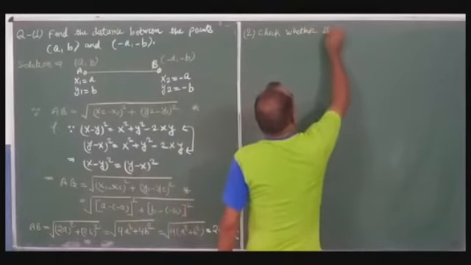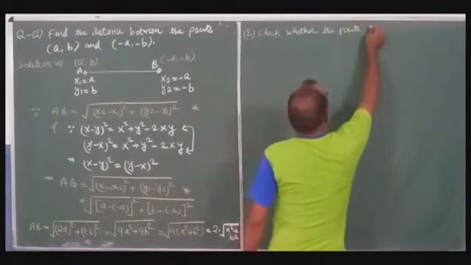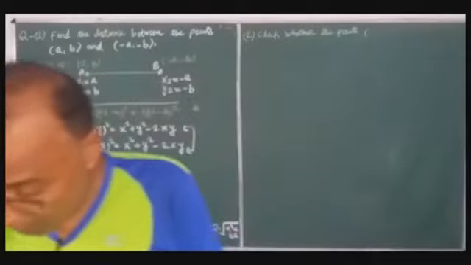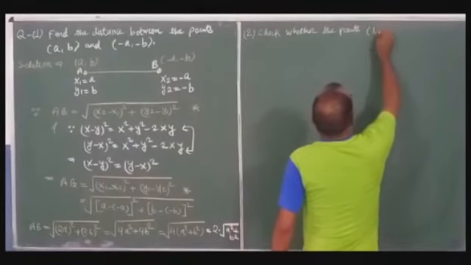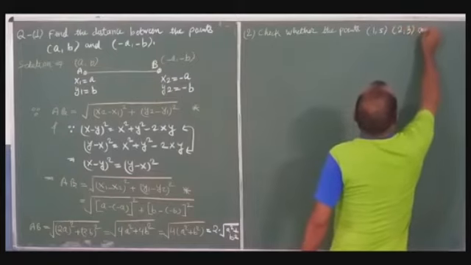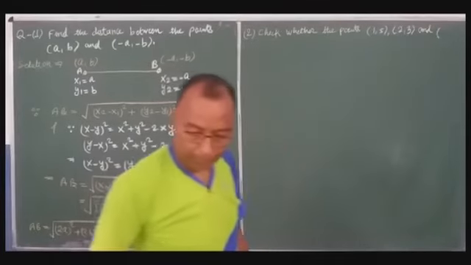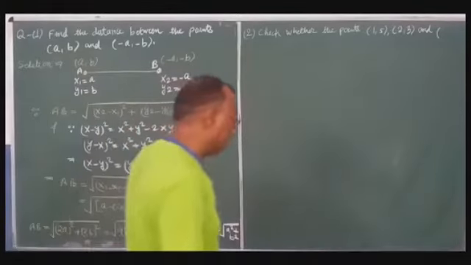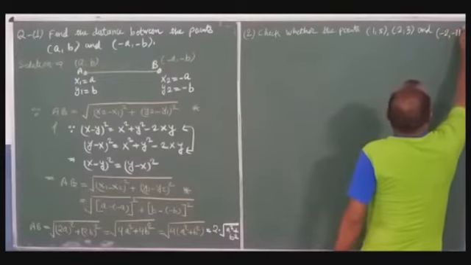Just take this example: 1 comma 5, 2 comma 3, and this is the third point, minus 2 comma minus 11.